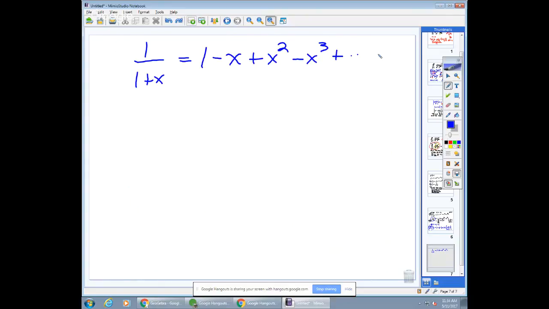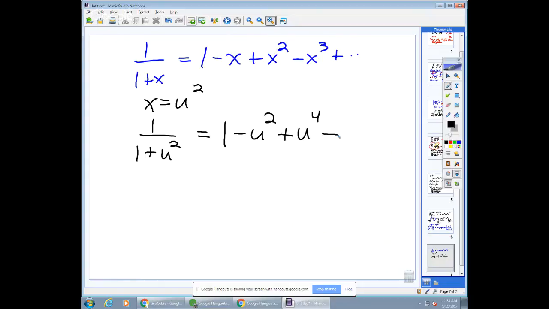How about a u? Let's let x equal u squared. So then I'm going to get 1 over 1 plus u squared is equal to what? 1 minus u squared plus u to the 4th minus u to the 6th. And it's going to keep going on and on like that, because I'm replacing every x with an x squared.